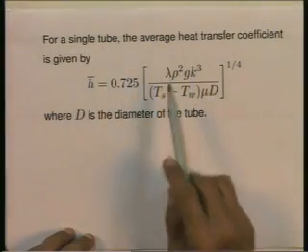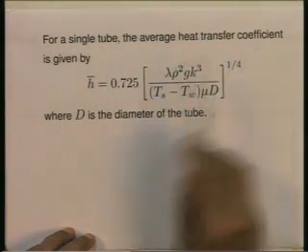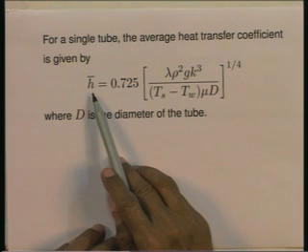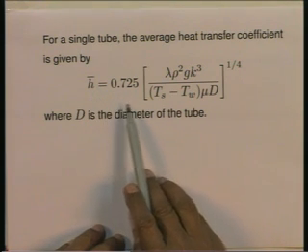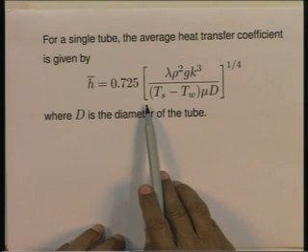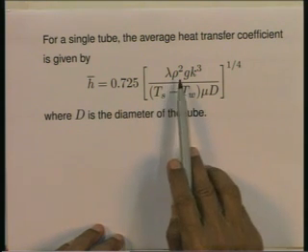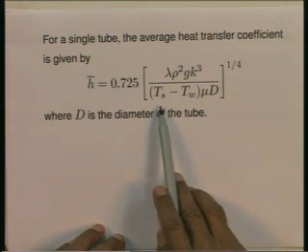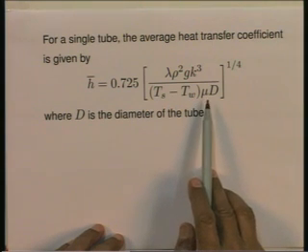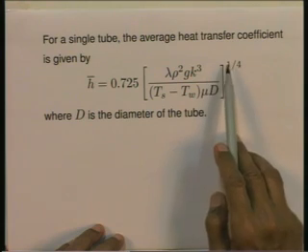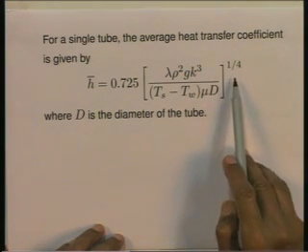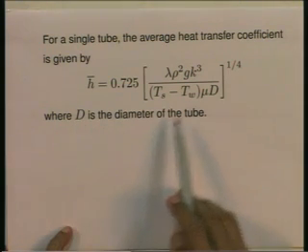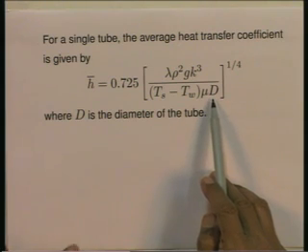For a single tube, the average heat transfer coefficient is given by h bar equals 0.725 times [lambda rho squared g k cubed divided by (T s minus T w) mu D], the whole thing raised to the power of 1 by 4, where capital D is the outer diameter of the tube.